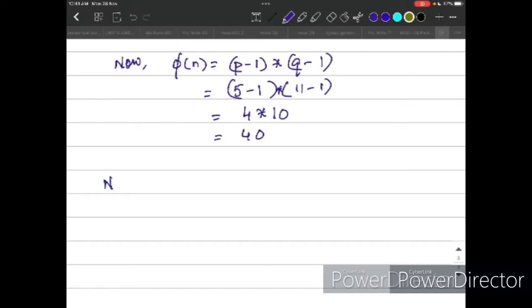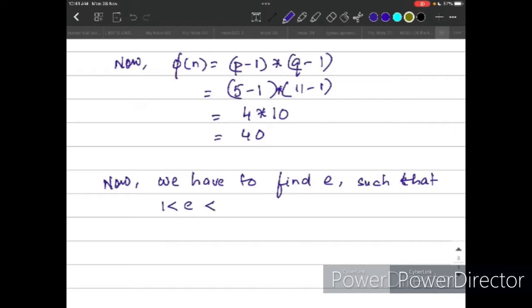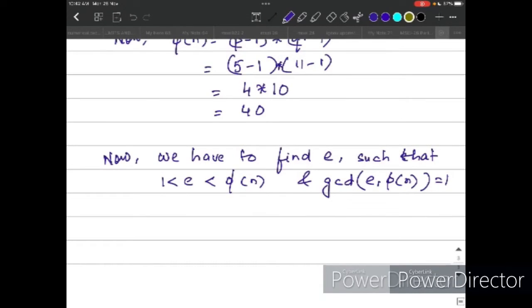Now we have to find E such that E is greater than 1 and less than phi of n, and GCD of phi of n comma E must be equal to 1. Let me take E equal to, it's 40, so let me take 7.